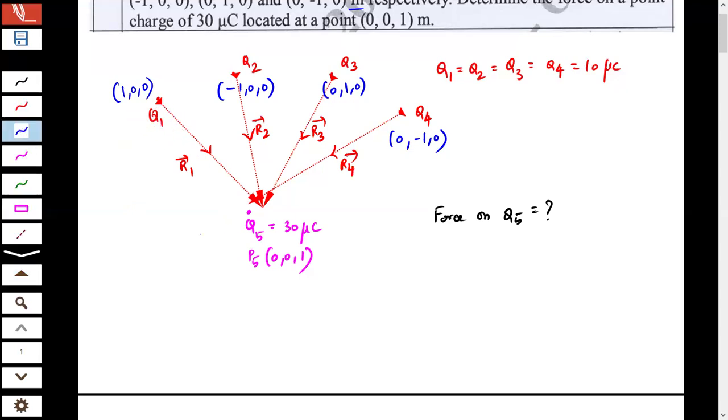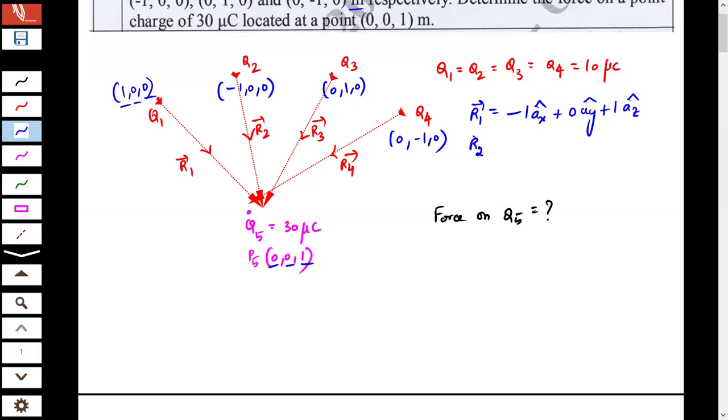So let us start writing the vectors. R1 vector is 0 minus 1, so -1 AX cap, then 0 minus 0, which is 0 AY cap, and 1 minus 0, that is +1 AZ cap.